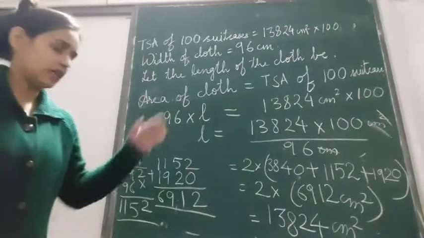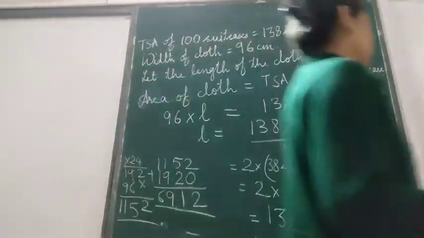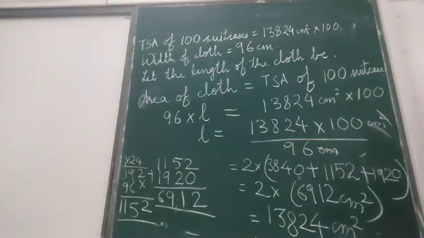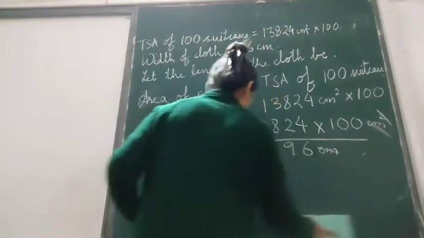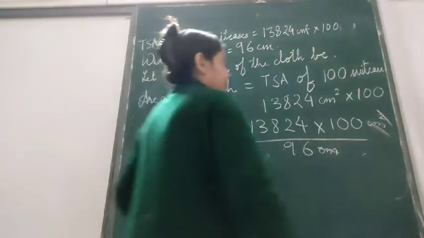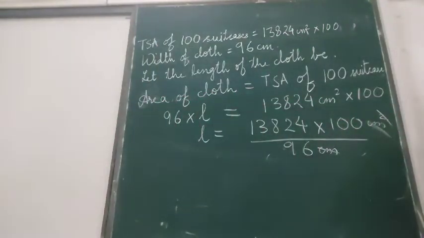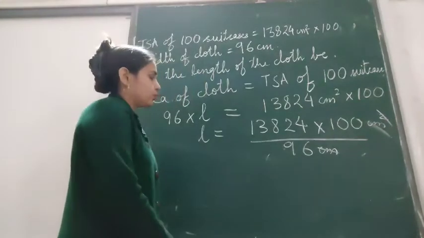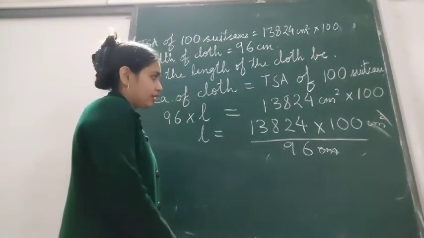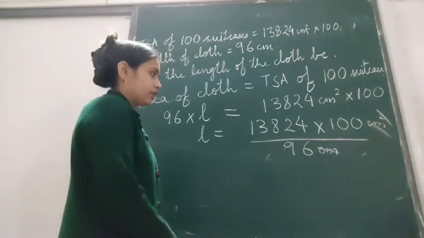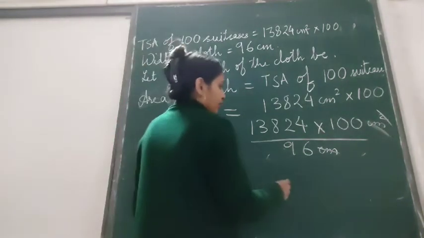Now 96 and 13,824, we have to divide. Will it go by 12? 12 ones are 12, yes, it will go by 12, children.